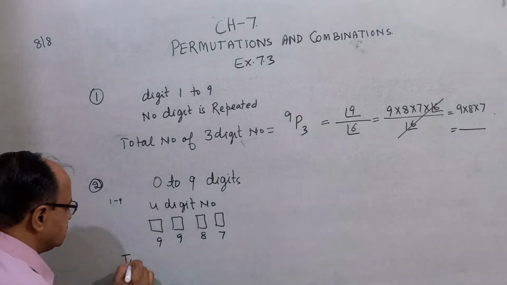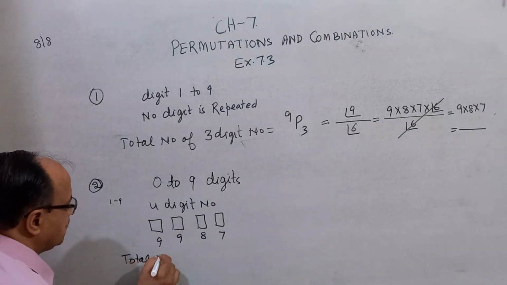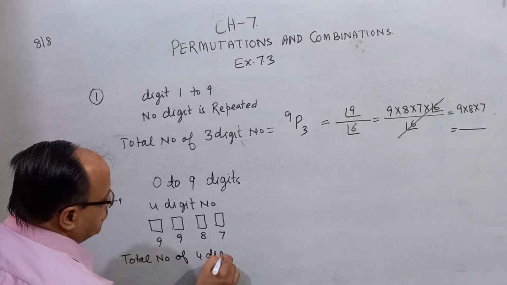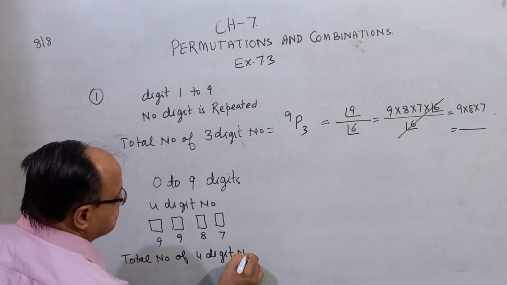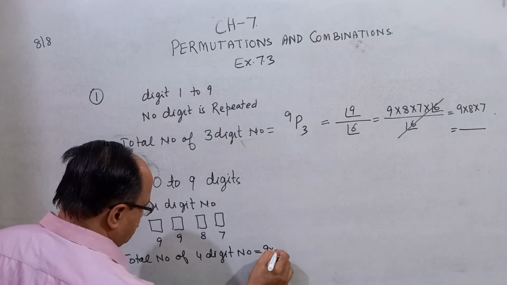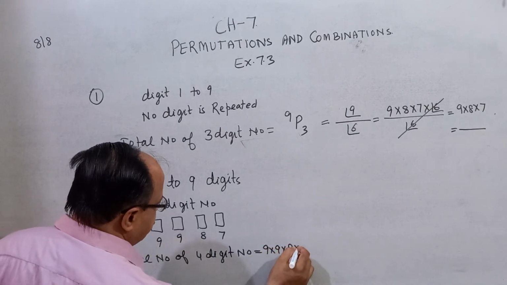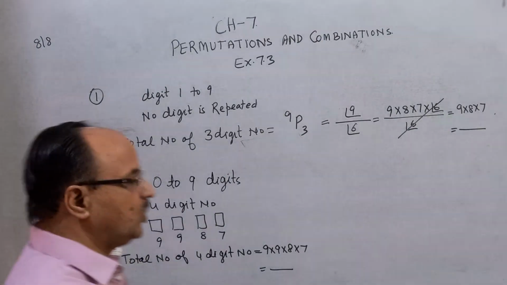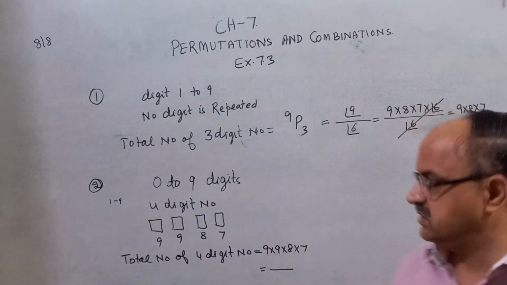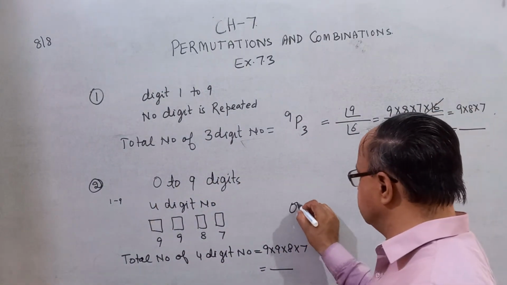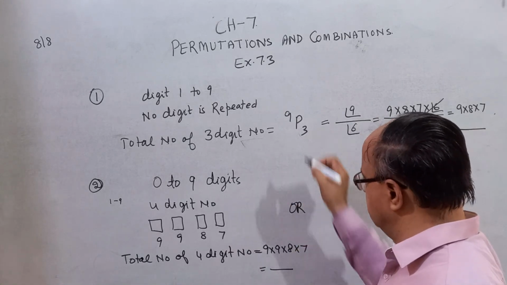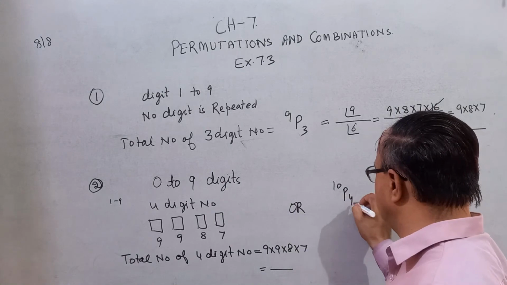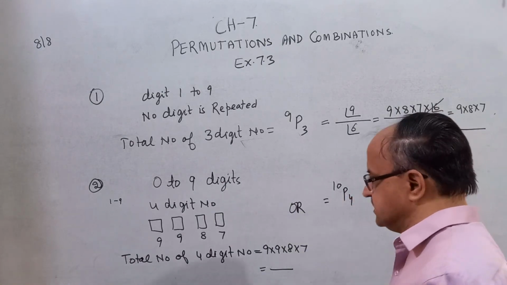Therefore, the total number of 4-digit numbers is 9 into 8 into 7. This is the answer. Or you can use this formula: total digits 10, so 10P4 minus.